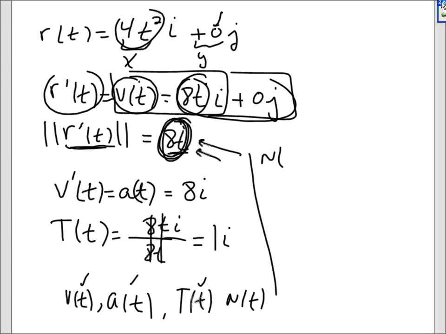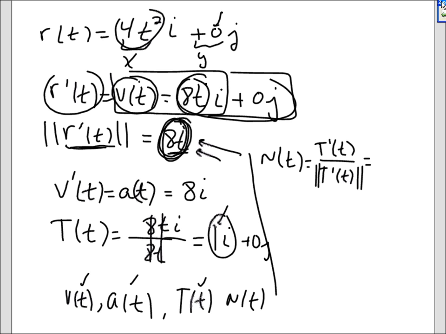Whenever T of t is a constant vector, then N of t is going to be undefined, because N of t is defined to be the derivative of T of t divided by its length. The numerator could be 0, but then you divide by that length, and that's where things fall apart, because the derivative of 1 is 0.